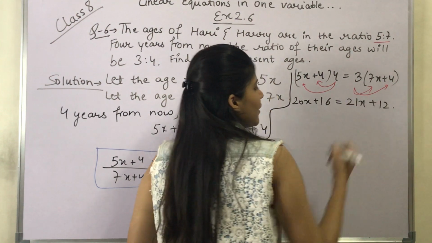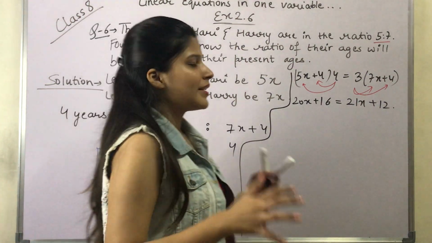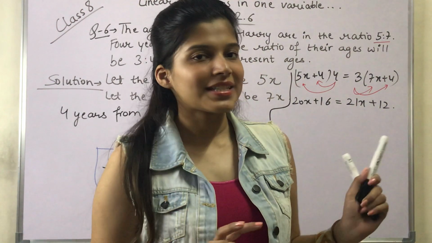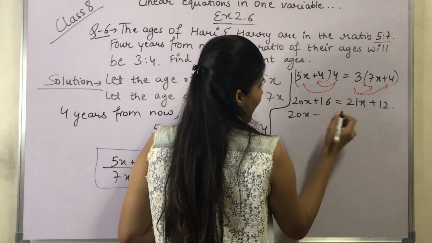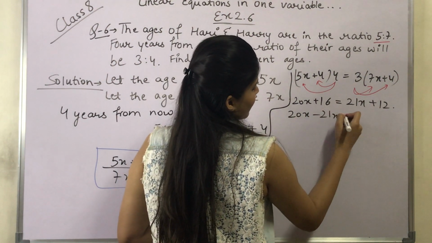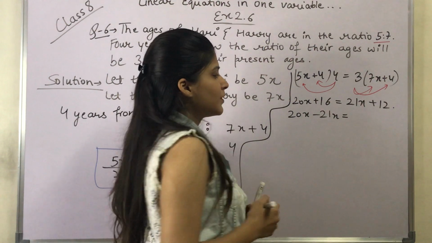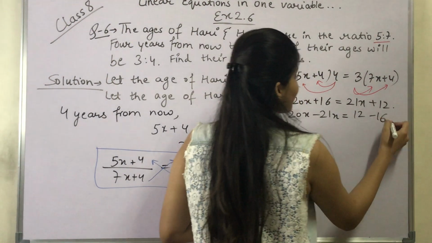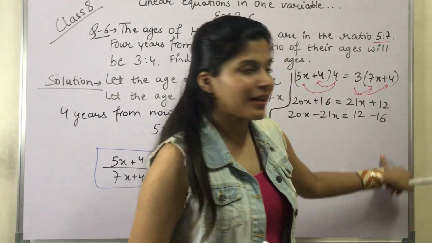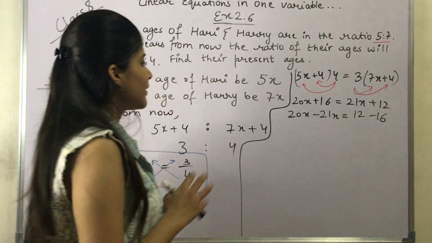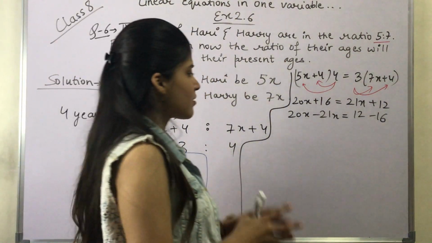into 4 is 12. Now taking the variable terms on one side and constant terms on the other, so 20x minus 21x equals 12 minus 16. Now why did it become minus minus? I don't need to explain it now. I hope it is clear why we did minus minus.